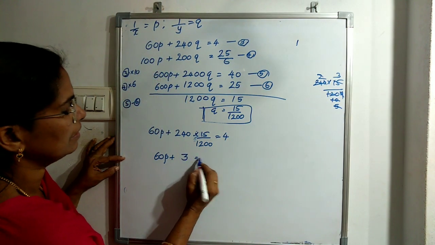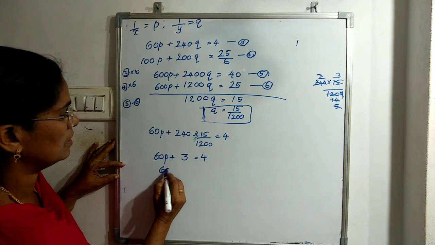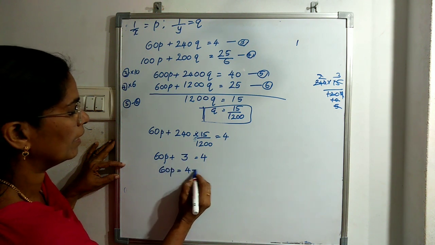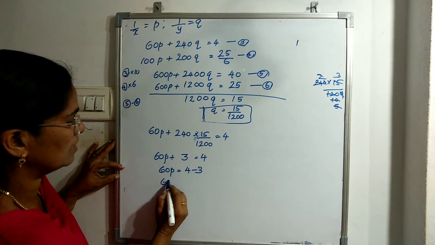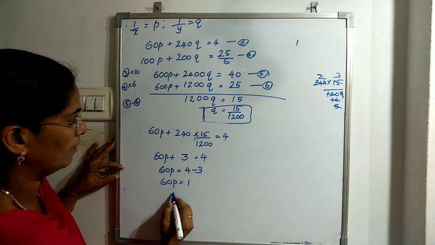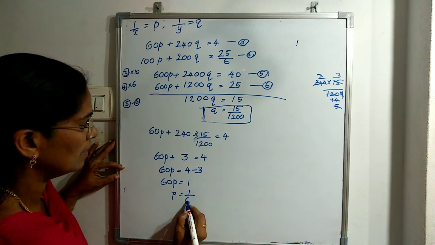So here it is 3 equal to 4. 60p is equal to 4 minus 3, or 60p is equal to 1. p is equal to 1 by 60.